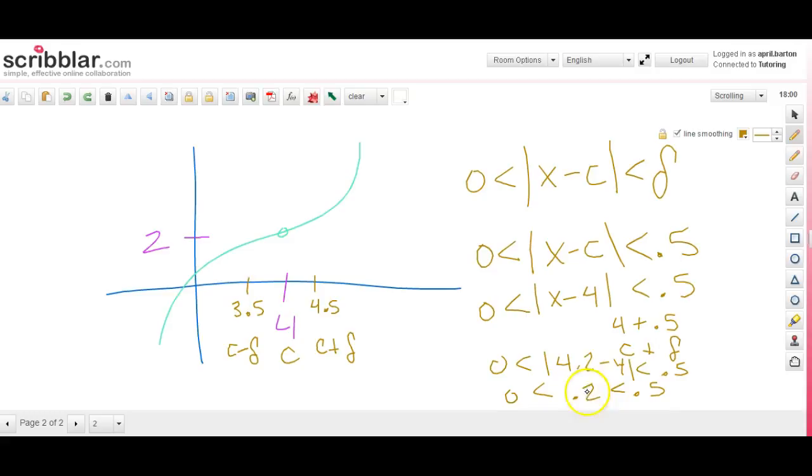So yes, we get a value that's smaller than 0.5 but bigger than 0. So the absolute value bars are to take into account this left side because it's going to give you negative values. If you picked like 3.7, 3.7 minus 4 is negative 0.3. So we need to absolute value bar it so that it gives you a positive here so that you're still between 0 and this 0.5. So between the 0 and the delta.